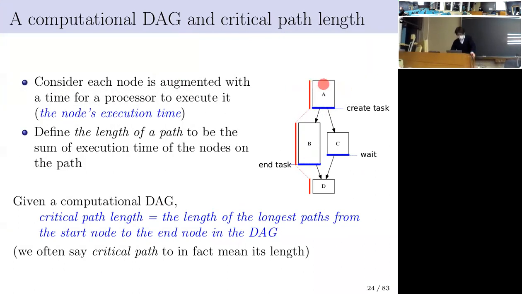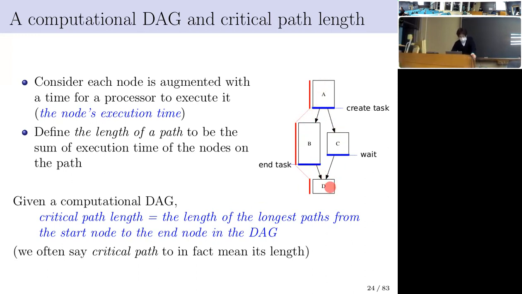So this is the beginning of the entire computation, and this is the end of the entire computation. There are two pathways from the beginning to the end, which are ABD and ACD.